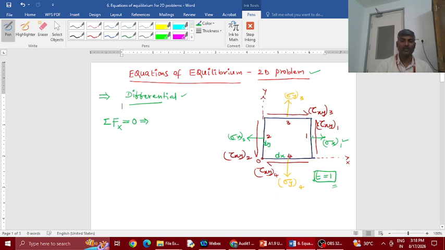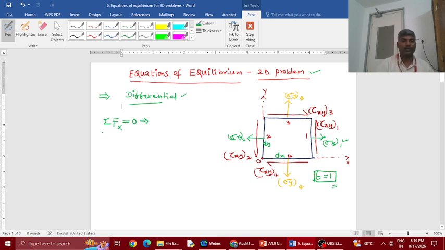The opposite face also has stress in x direction, normal, and tangential tau xy, shear stress. Similarly, face 3 will have stress in y direction and tau xy, and face 4 will have sigma y directional normal stress and tau xy.